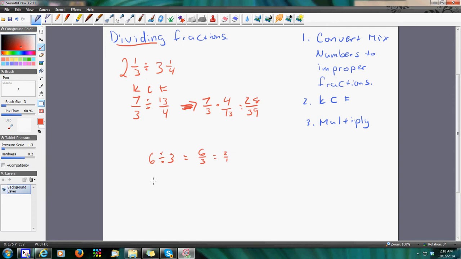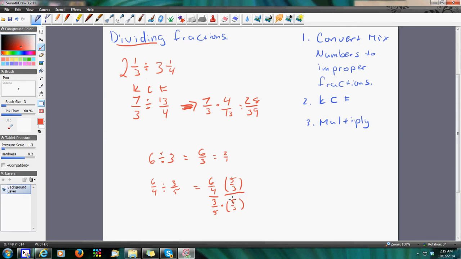Well, if I had 6/4 divided by 3/5, I could then rewrite that as 6/4 over 3/5. Well, now I have a fraction over a fraction, but if I multiply my denominator by 5/3, I would have to multiply my numerator by 5/3 because 5/3 over 5/3 is really the same as 1.